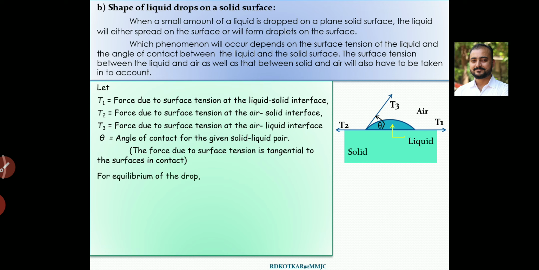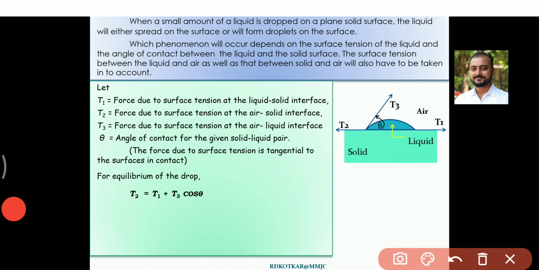For equilibrium, meaning at the equilibrium condition, the forces acting on a given molecule should be like this: T2 equals T1 plus T3 cos theta. How should it be? It's very simple.